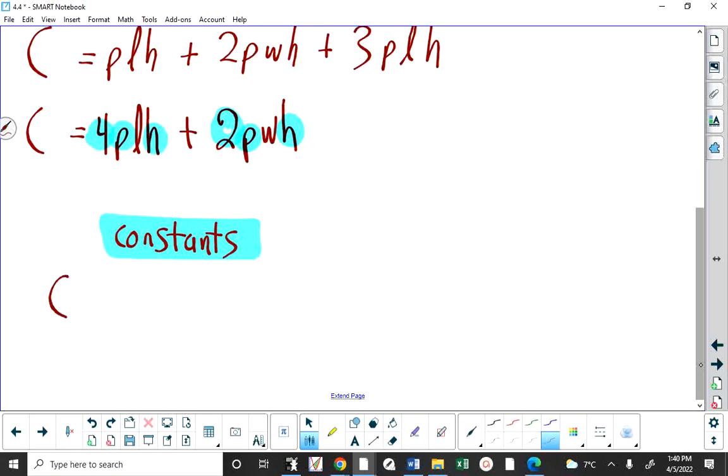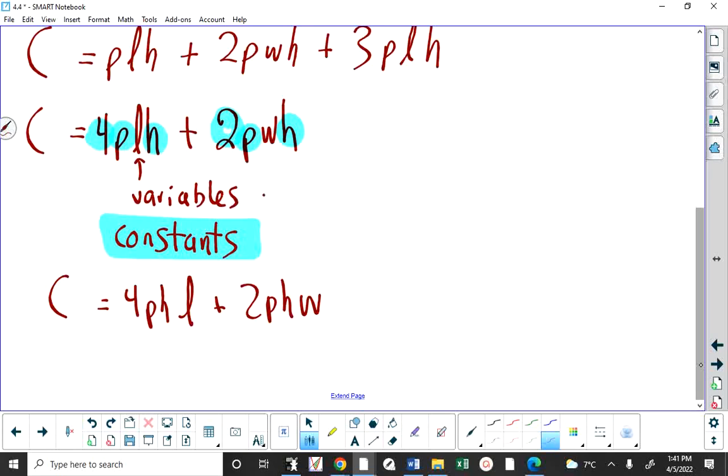So I'm going to rewrite this as cost equals 4PHL plus 2PHW. This is a variable, and that is a variable. We have too many variables. We still need to get rid of one. I don't think I need to go through the explanation of this again. Right, that was our result from the equation of constraint.